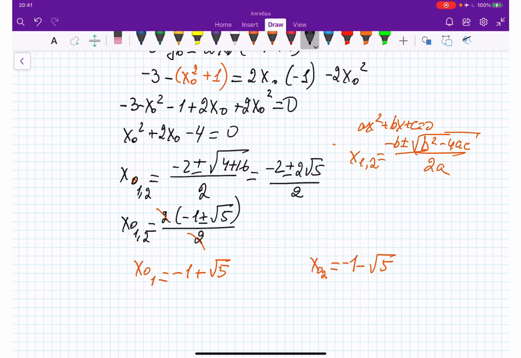Okay, when we have plus, it's going to be negative 1 plus approximately 2.24. It's going to be 1.24.